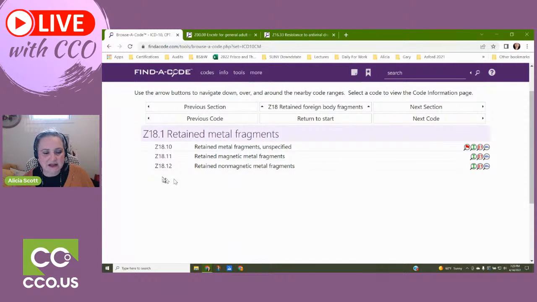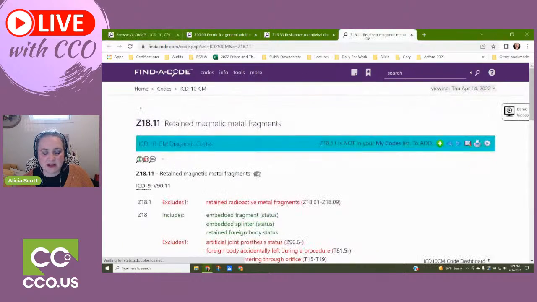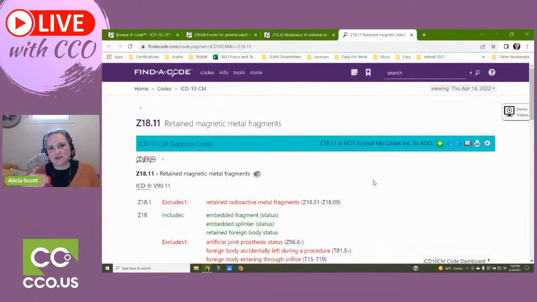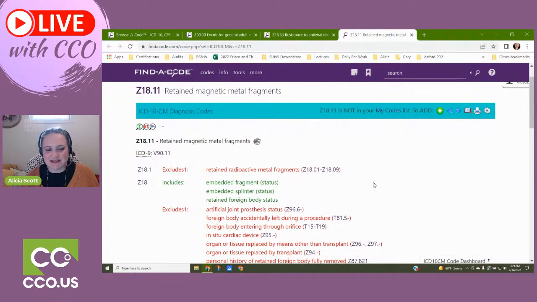Let's just do retained magnetic, and it didn't give us any more. Sometimes Find a Code is brilliant about giving you more information about a scenario that helps explain it, but that one didn't.